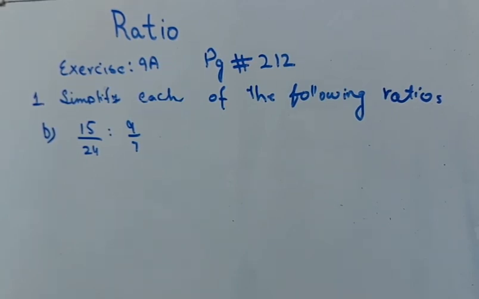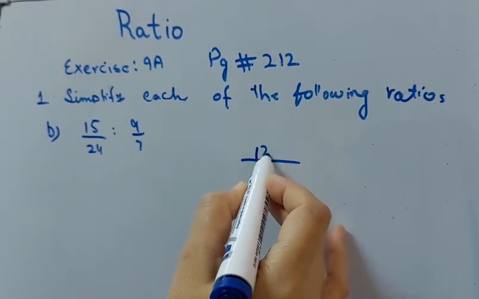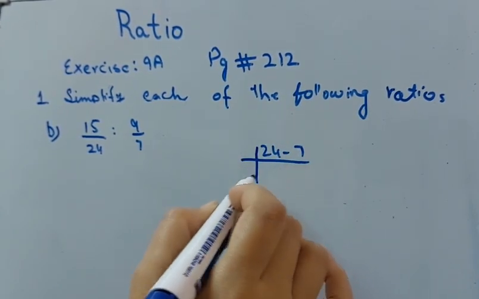Part B is 15 upon 24 ratio 9 upon 7. So these are fractions. First of all we have to check the least common multiple of 24 and 7. So we have to check in which table both will come together.